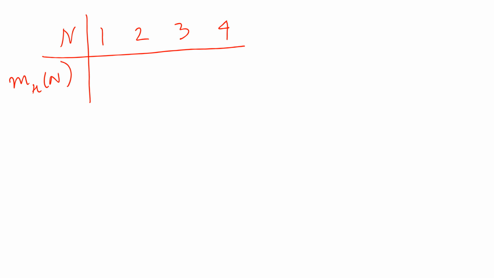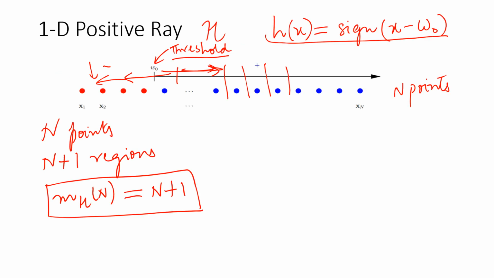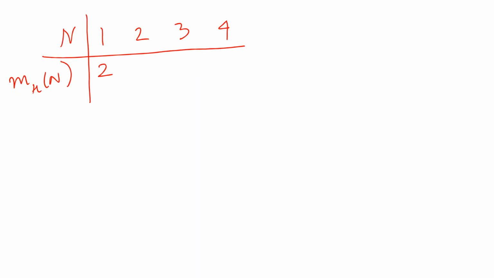If I had just 1 point, how many dichotomies, that's a better way to put it, can be implemented? This is going to be n+1, so this is 2, right? Because we have come up with the formula for m sub H of n. If there is any confusion, I'm just implementing this formula here. So with 2 points, it is going to be 3.